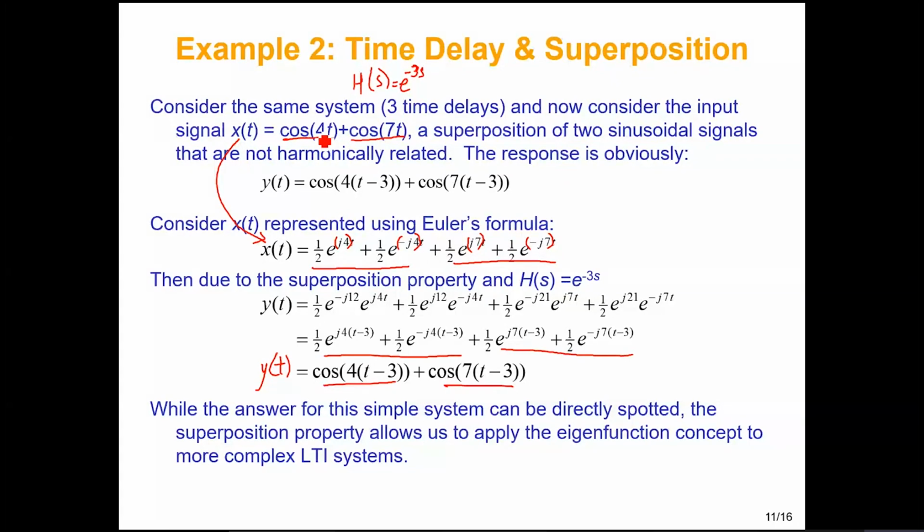So in case of sinusoids, it was very simple for us to use this concept of eigenfunction and eigenvalue. So this eigenvalue was computed for the system, and notice that this eigenvalue h of s is actually a property of your system.